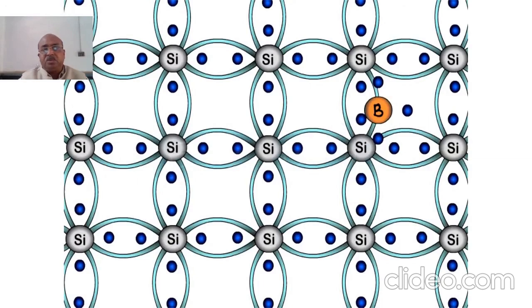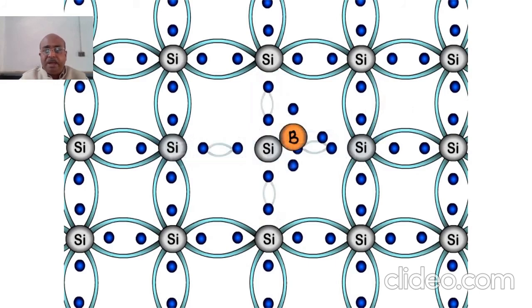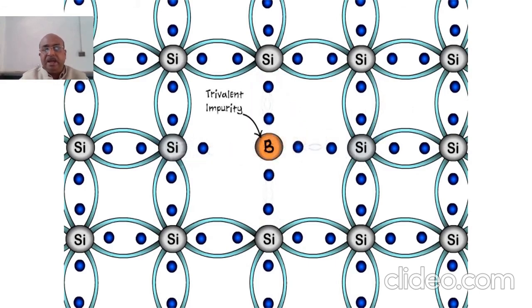Now what happens when a boron atom is doped into the silicon? That boron comes with 1 electron less, and there it shares with the neighboring 3 silicon electrons while one space is vacant.